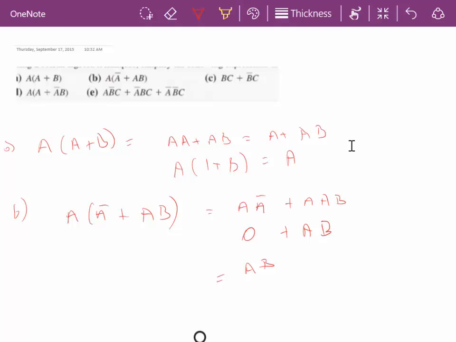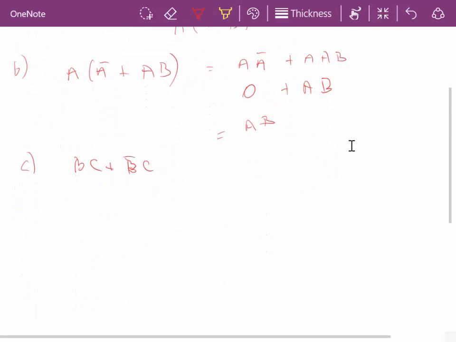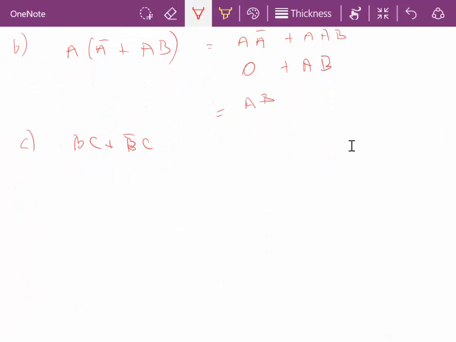So is everyone clear how these ones are solved? The next one is going to be C, and I'm going to go through a couple of these here. B, C plus B not C. That's equal to, and again, I'm going to factor out a C in this case.